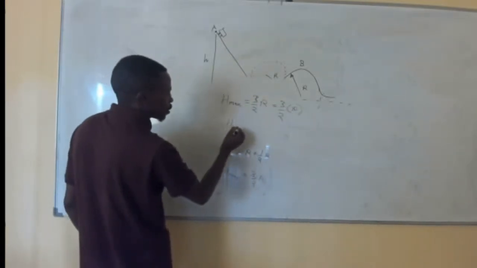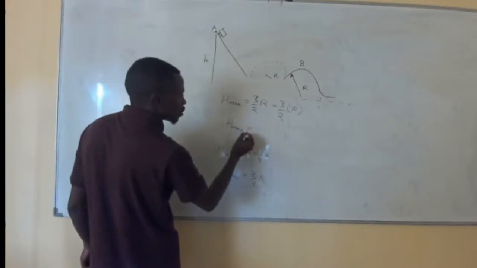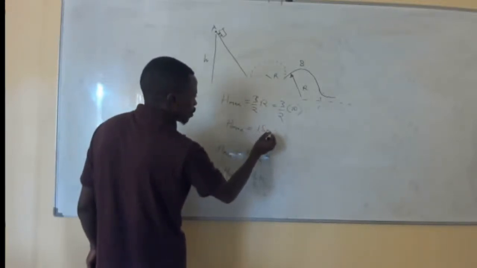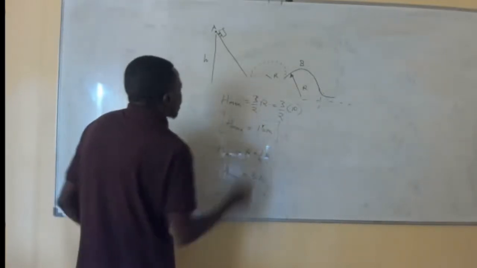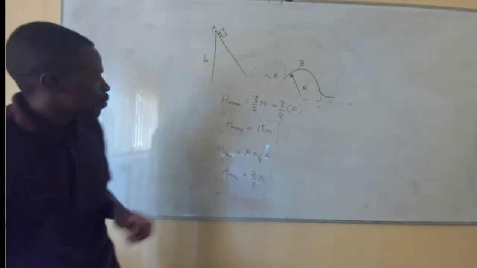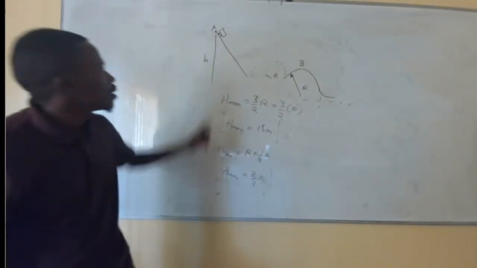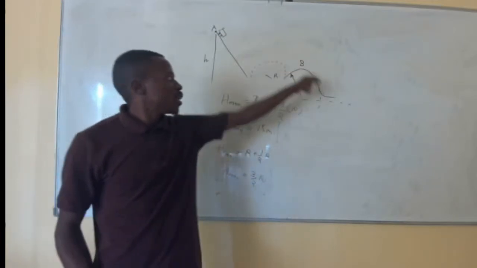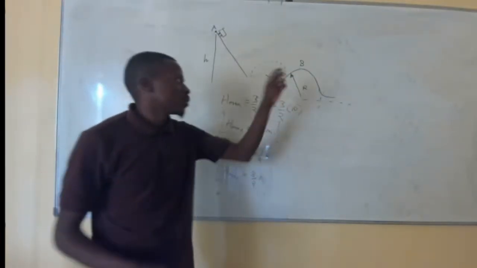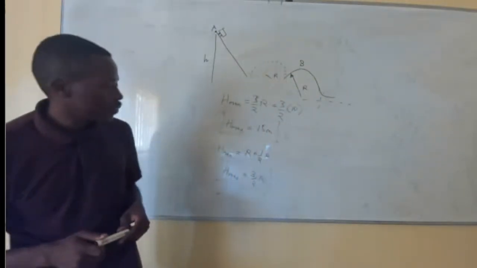Therefore, h max is equal to 15 meters. So our maximum height should be 15 meters in order to keep the roller coaster down the valley and up the uphill without allowing it to fly off.